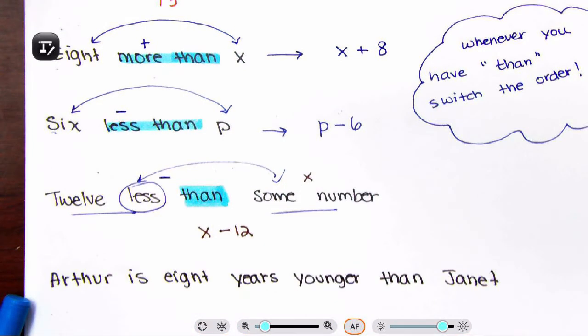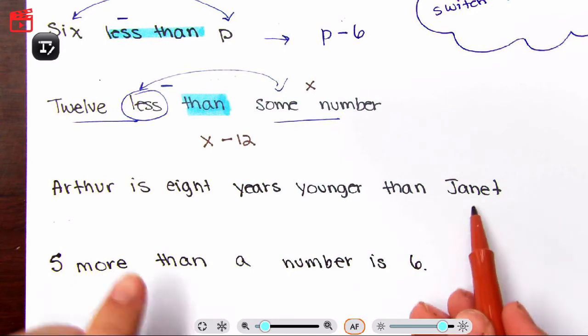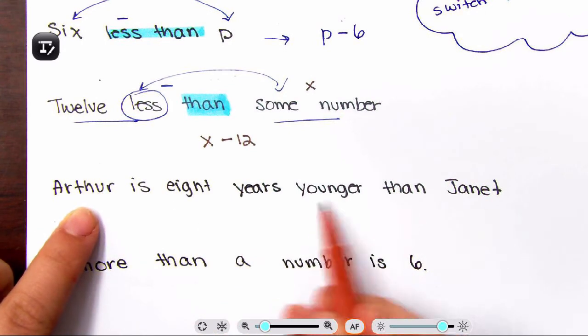Do another one. Arthur is 8 years younger than Janet. So this one here doesn't tell us that there's a number. It just says Arthur and Janet. So we don't know how old Janet is, but we know that Arthur is 8 years younger than Janet.